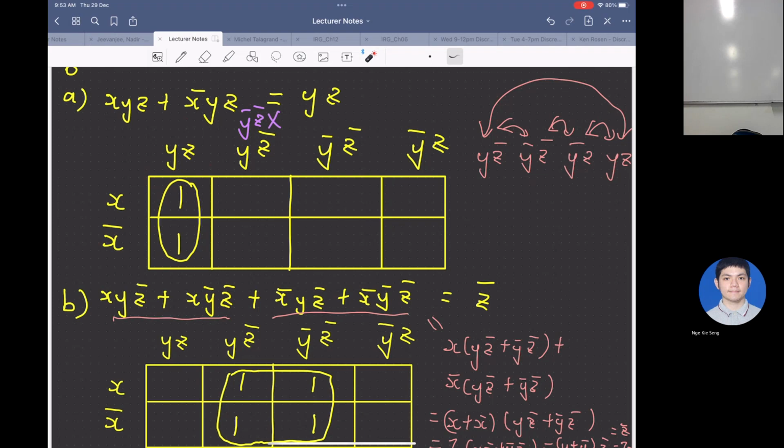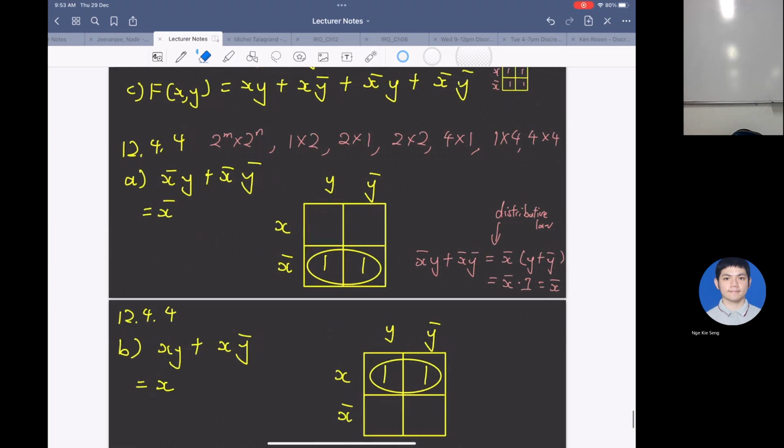Sometimes some combinations are easier to see, because the one will move based on your labeling. So the key to build the K-map is adjacent. Adjacent cells differ in one literal.